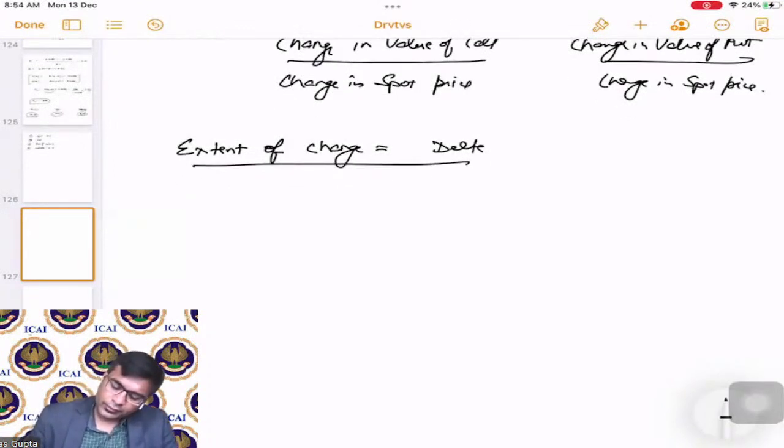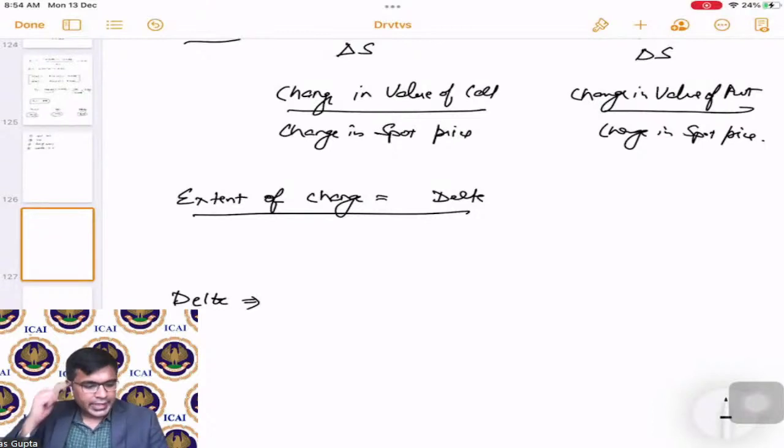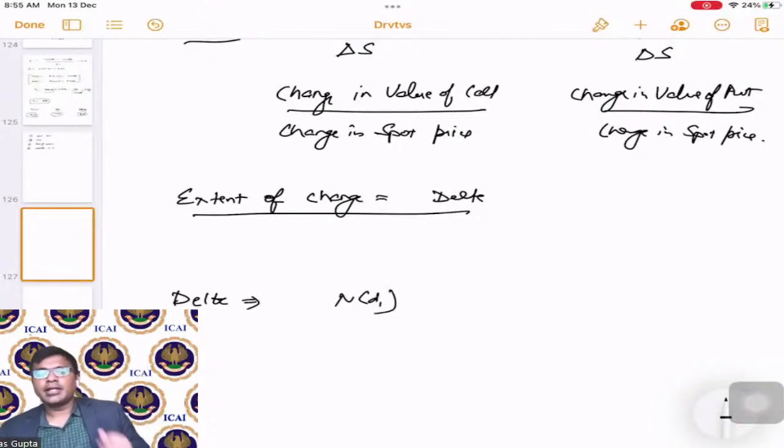Now, delta for a call option is N(d1), which is nothing but the hedge ratio.